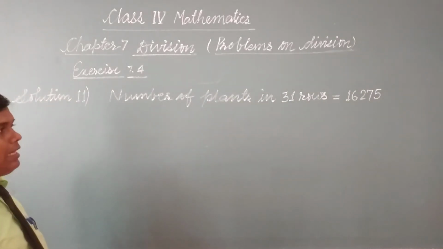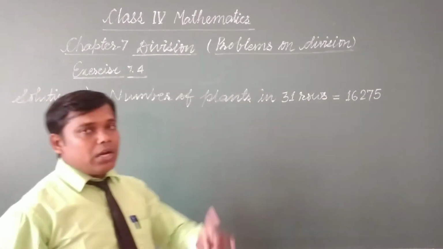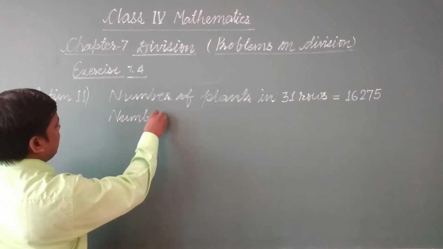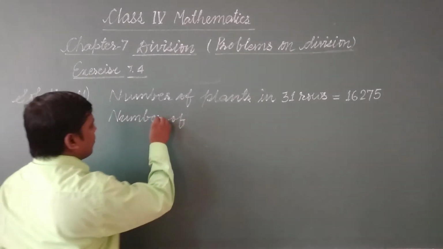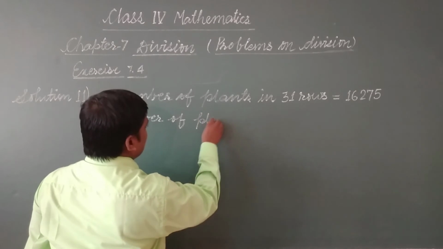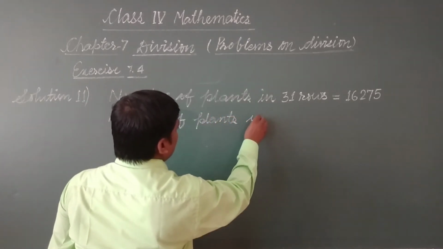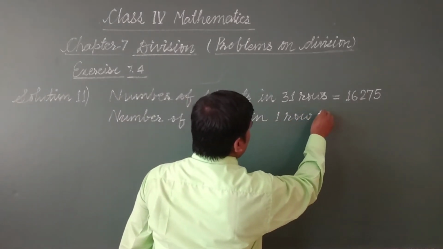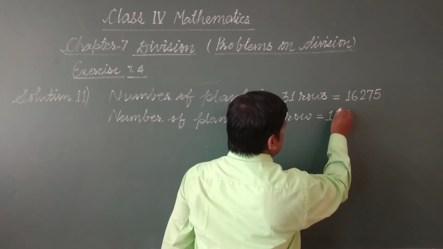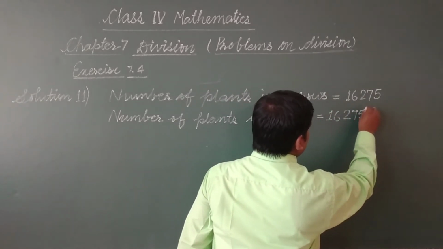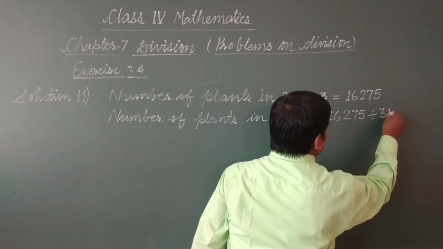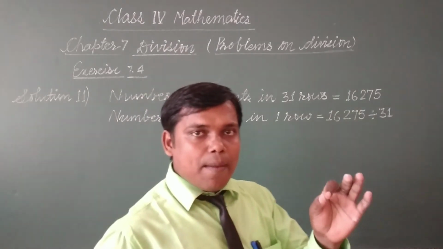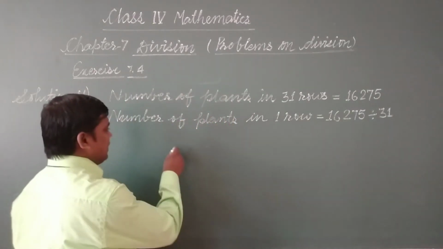And we have to calculate the number of plants in one row. So number of plants in one row is equal to 16,275 divided by 31. When we divide this number by 31, we will get the number of plants in one row. So let's divide it here.